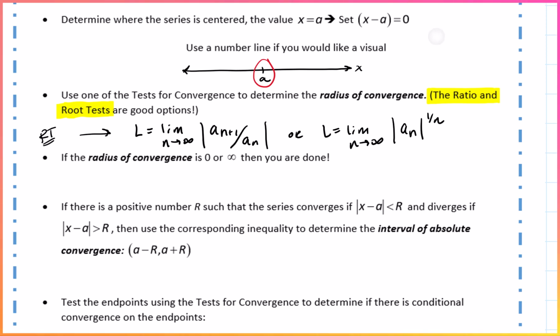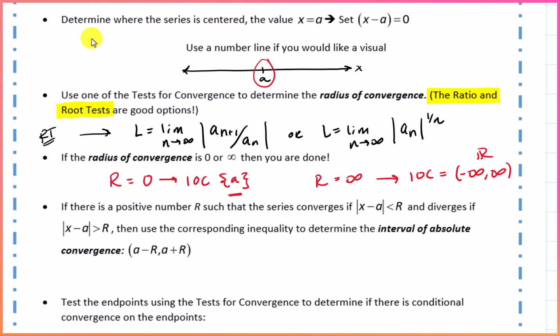Just a quick note, if the radius of convergence is 0, then the interval of convergence is simply that single point. It's not actually an interval, it's just that point. If the radius of convergence is infinity, then the interval of convergence is the whole number line, from negative infinity to infinity, or you could also state it's the real number line.